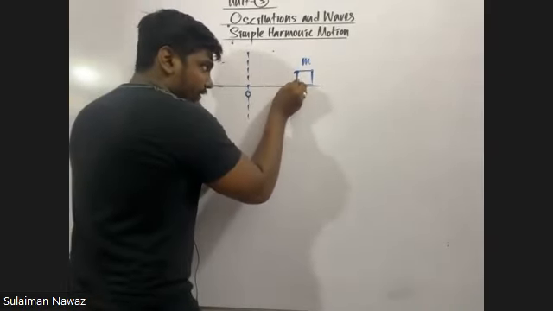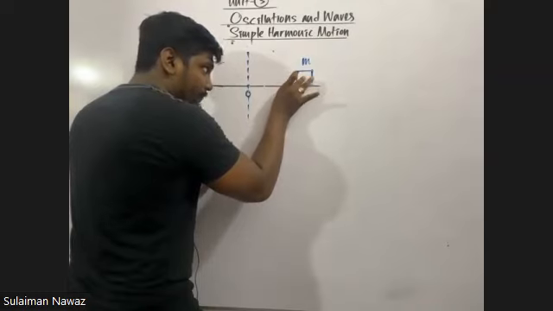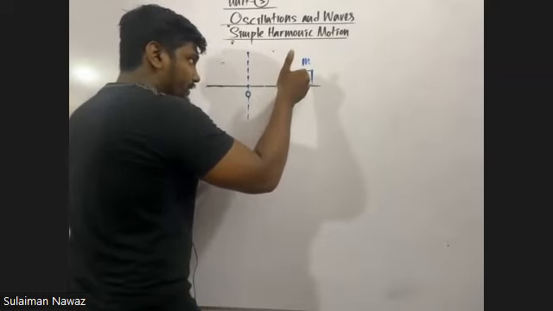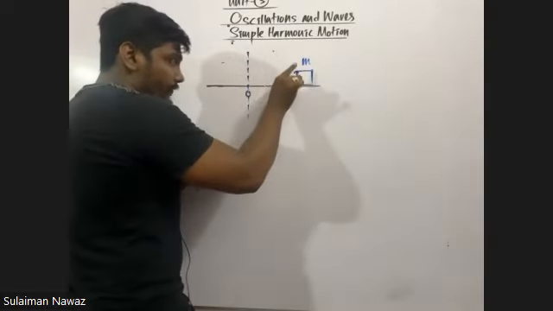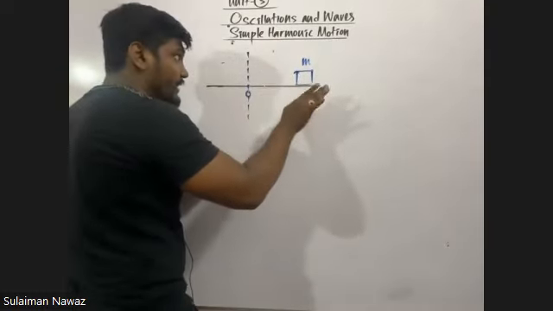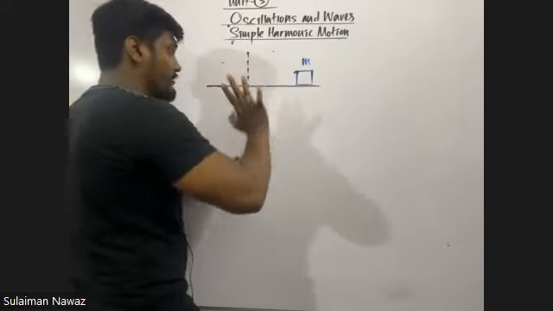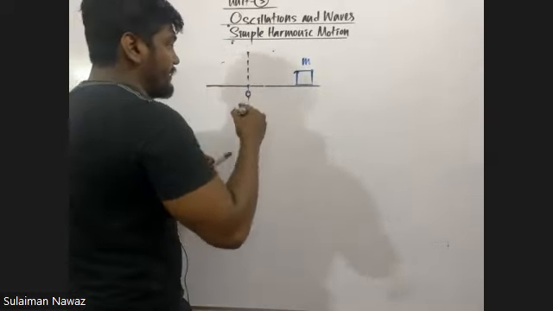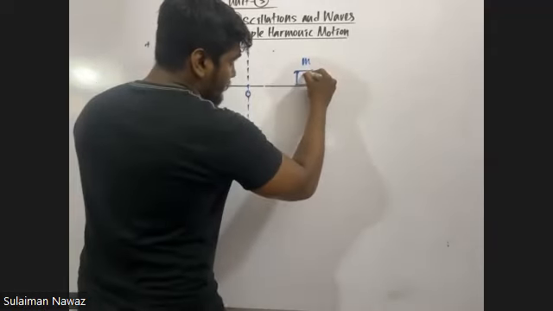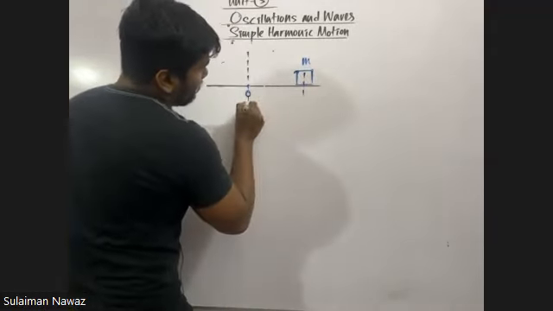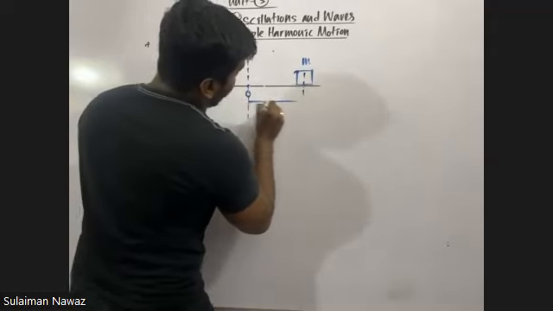Now, when you consider a general position of this object in simple harmonic motion, this object moves in this direction. Let's say the displacement is x, the displacement measured from the equilibrium point.